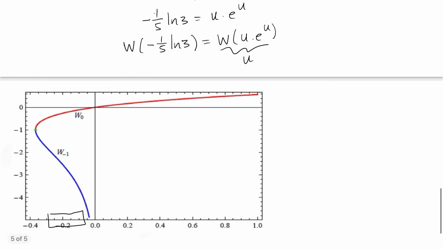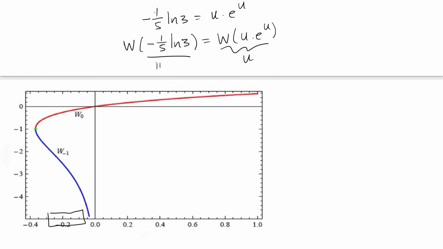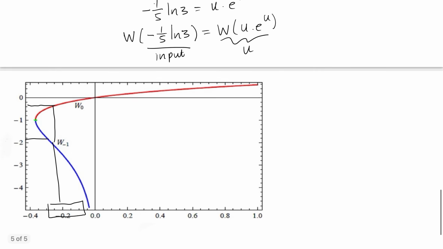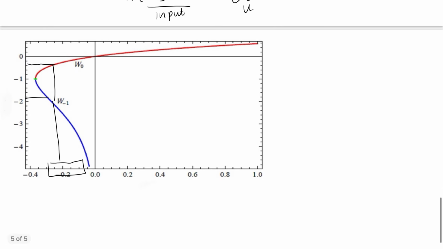And so when we're substituting, this is basically our input. When we're substituting that in, we're going to have a lower bound solution, and we are also going to have an upper bound solution.